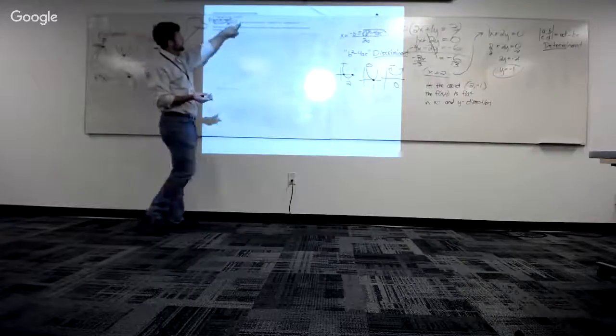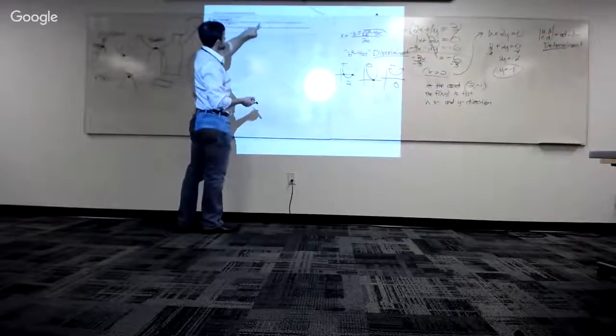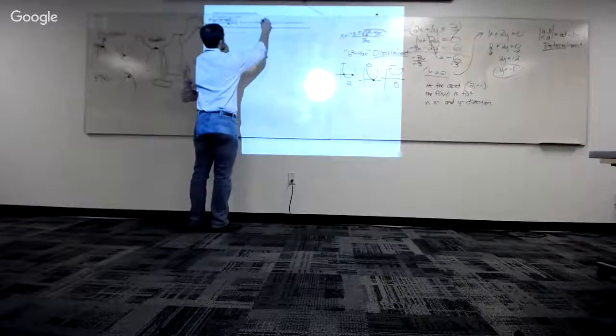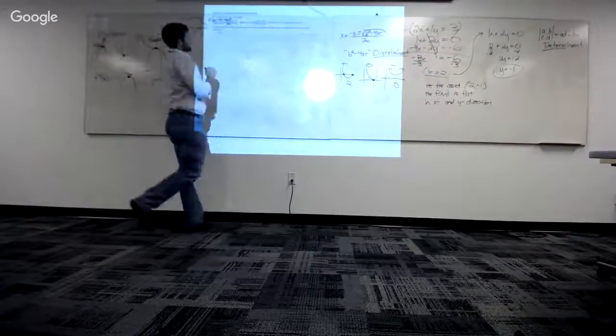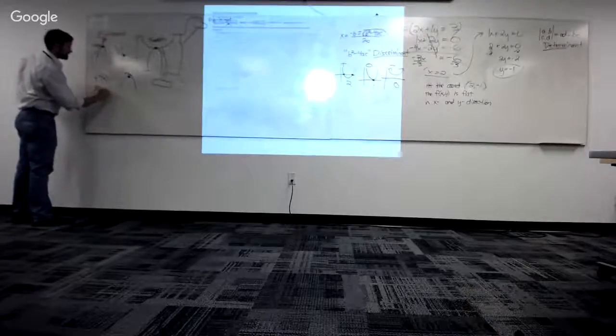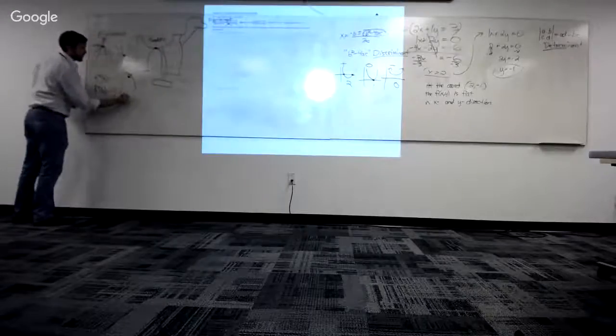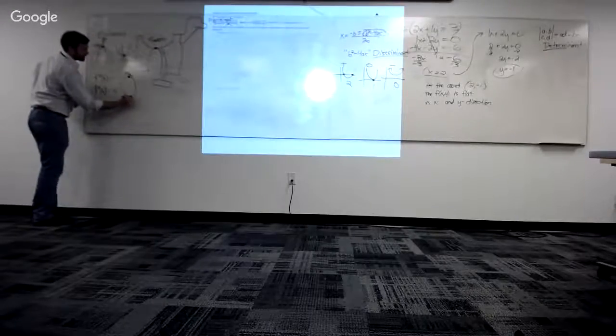Okay. Next, what if the discriminant is positive, and the second derivative with respect to x is positive? That's a minimum. And again, that makes sense. Because if the second derivative with respect to x was positive, then we all know that means concavity is concave up, and therefore that point is a minimum.